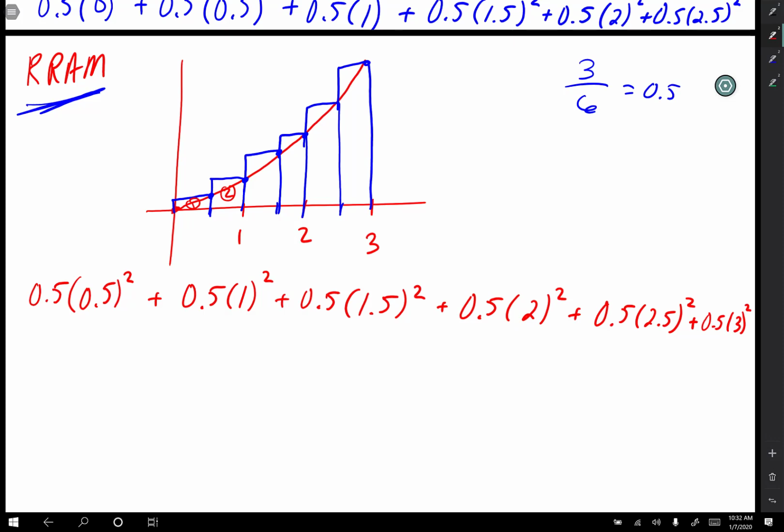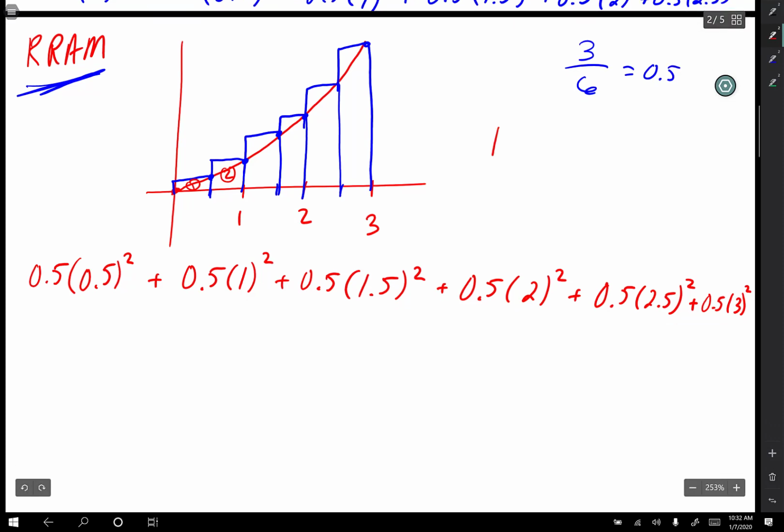All right, guys, here we go. 0.5 squared, 1 squared, 1.5 squared, 2 squared, 2.5 squared, 3 squared. I got 11.375, which is what you got the last time. Did everyone get that?